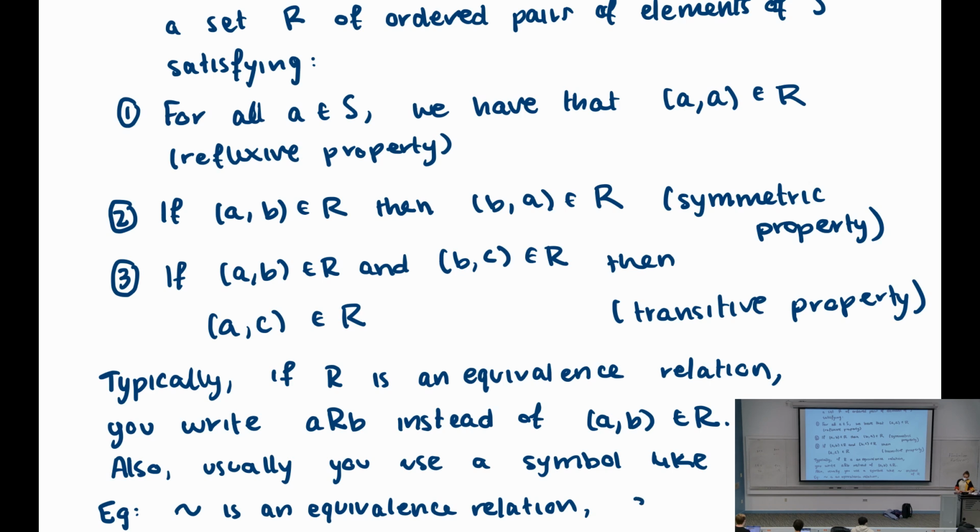And you would write something like A tilde B if A and B are related by the equivalence relation. So this is the more common notation that's used, and I think it makes a little bit more intuitive sense than the setup with ordered pairs.